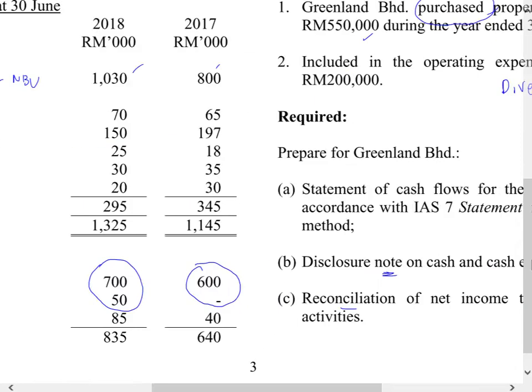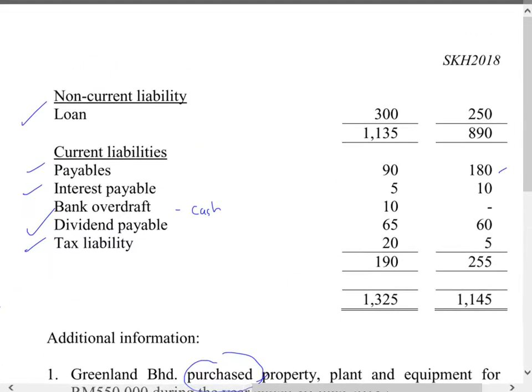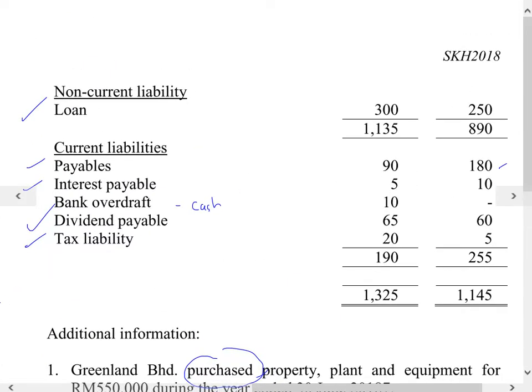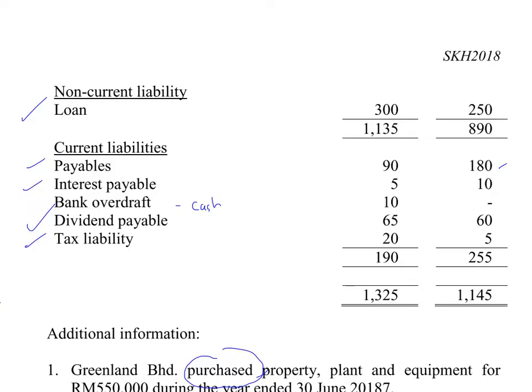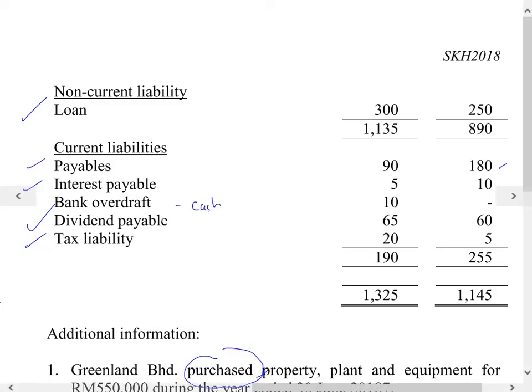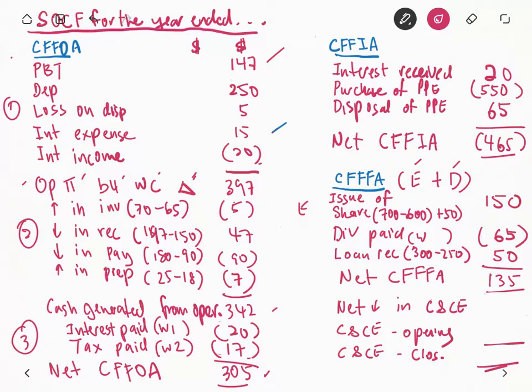Bank overdraft also haven't ticked, is actually a cash. So we got two cash, one cash equivalent. So what do you do with all these three? We prepare a note, cash and cash equivalent note for all these three. So these three we will tick, tick, tick, and show it here as a note.